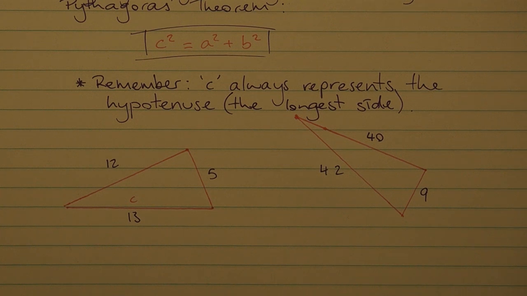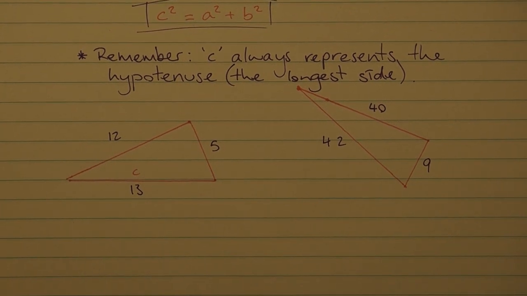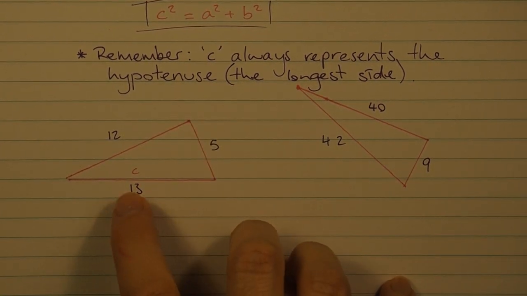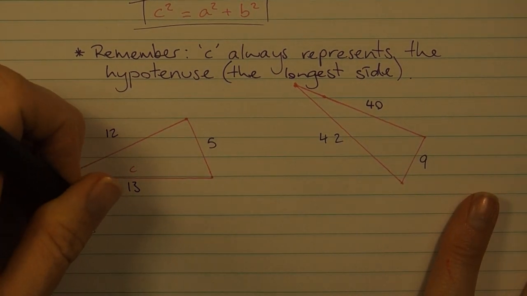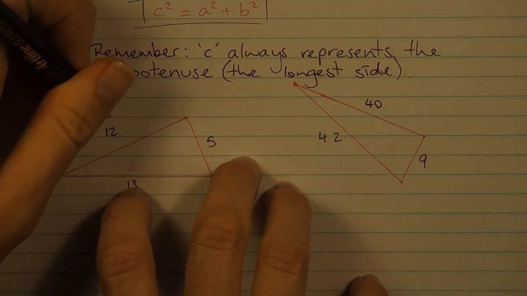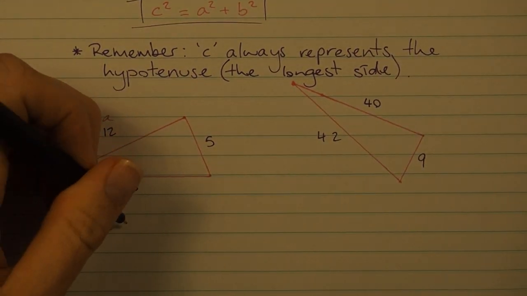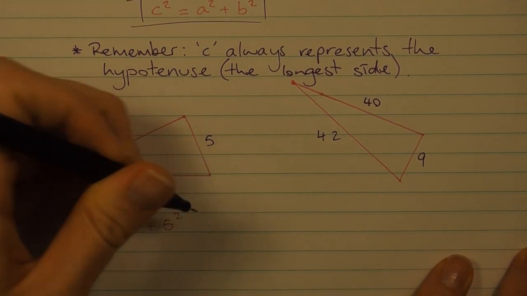To work out if this triangle actually has a right angle, we're going to use Pythagoras' Theorem. As we said, 13 is c, so we have 13 squared is equal to, I'm going to use a as 12, so 12 squared plus 5 squared.